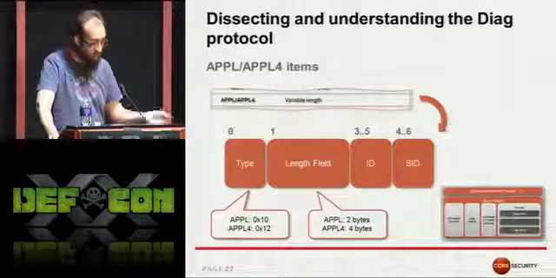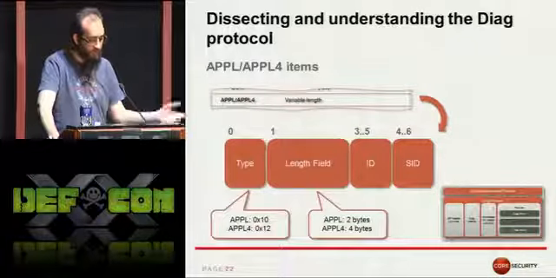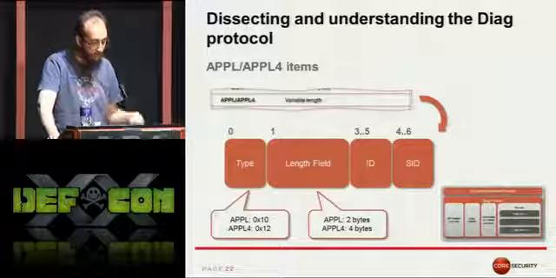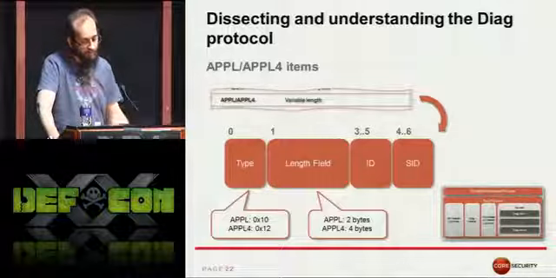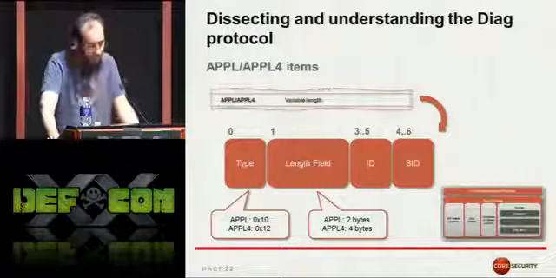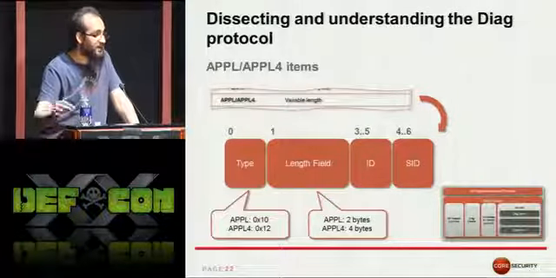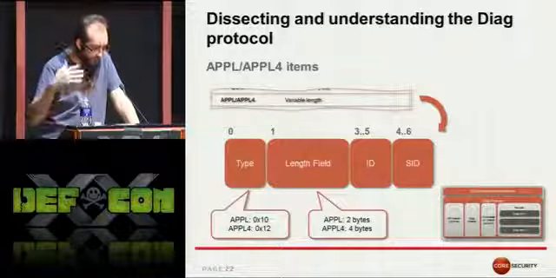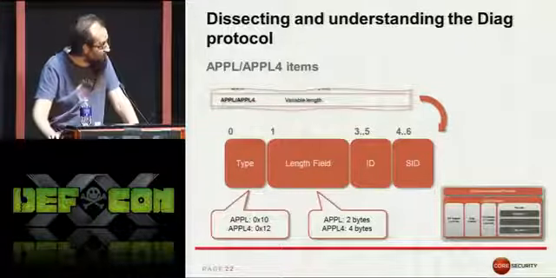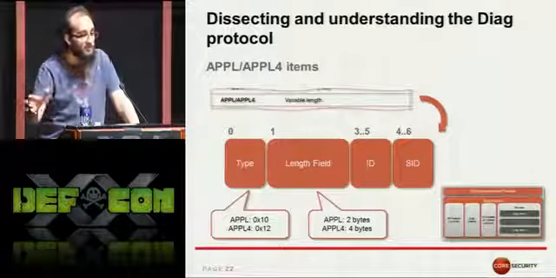The first field is the type, which denotes if there is an APPL or APPL4 item. Then you have a length field, which can be 2 bytes or 4 bytes long. And then you have 2 additional identifiers, an ID and SID. During my test, I identified 172 different combinations of IDs and SIDs.